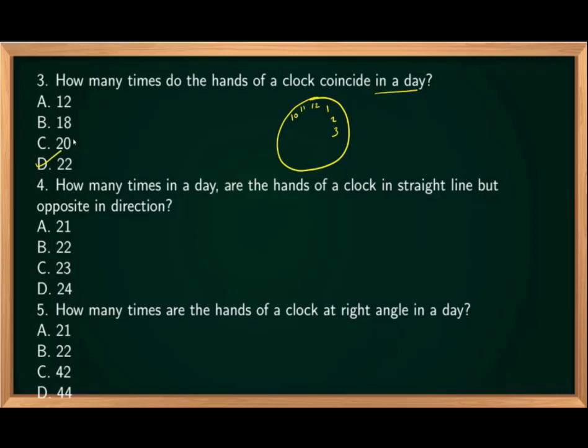Which option do you choose? Option A 21, option B 22, option C 23, option D 24.